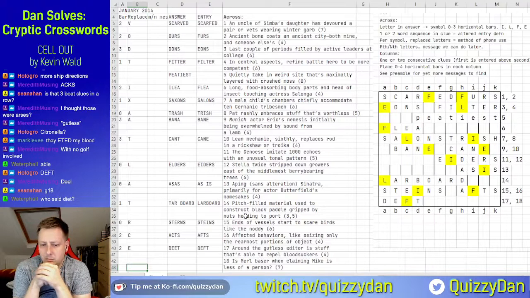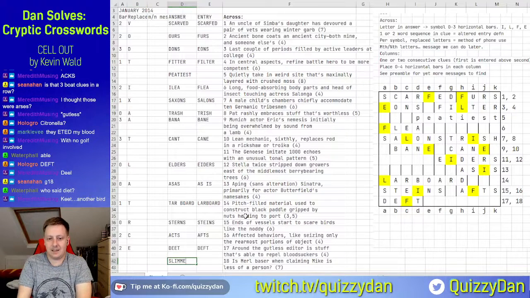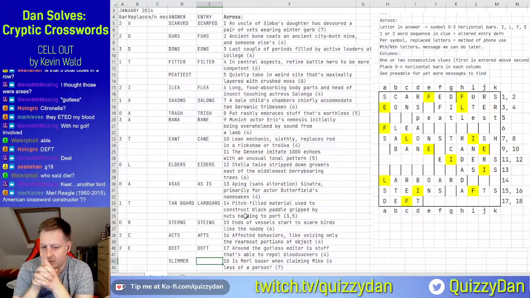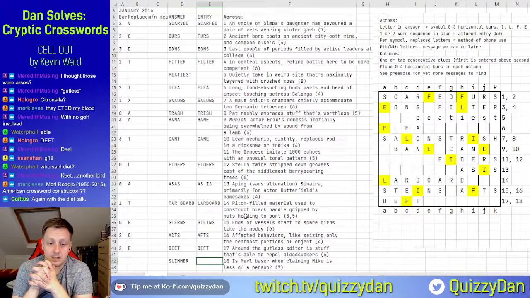Is Merle baser? So anagram of is Merle when claiming Mike? Yes. And then it becomes an anagram of slimmer, less of a person. There we go. So it's an anagram of is Merle with an M. And now we're going to put what? Slimfer, flimmer, slimler, slimmel, slimmer.